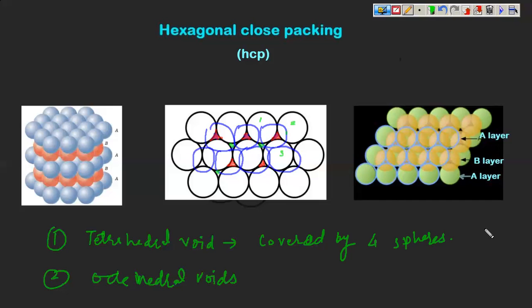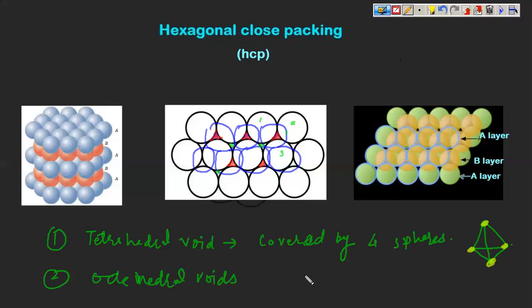Why is it called a tetrahedral void? Because it forms a regular tetrahedron like this: 1, 2, 3, and this is the fourth particle. I am marking the spheres with yellow color.